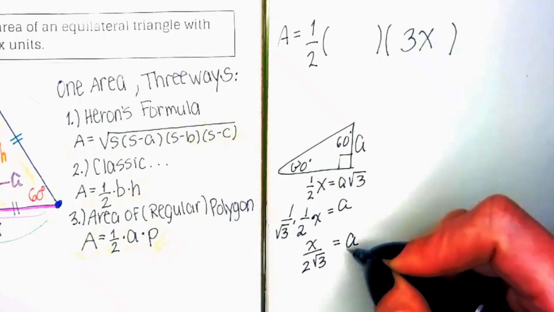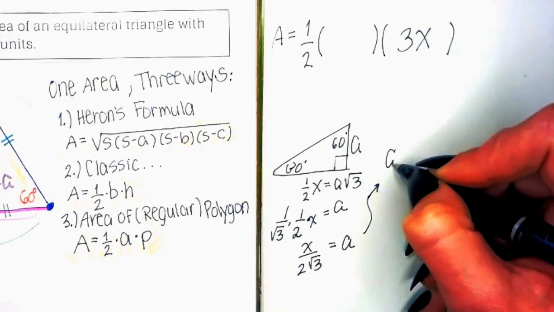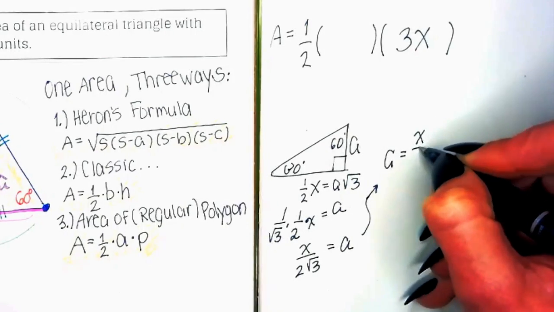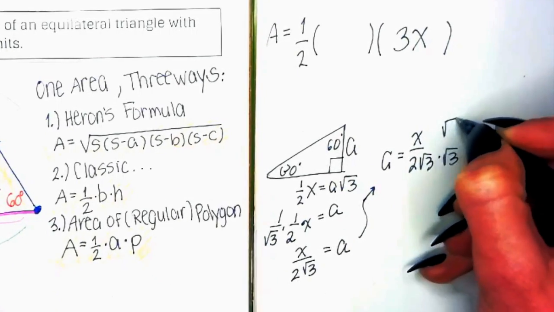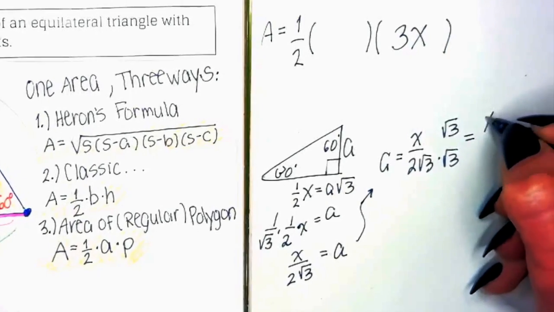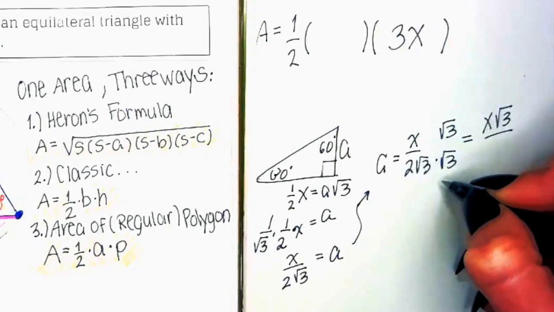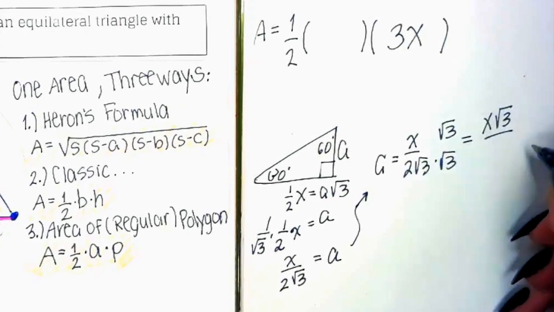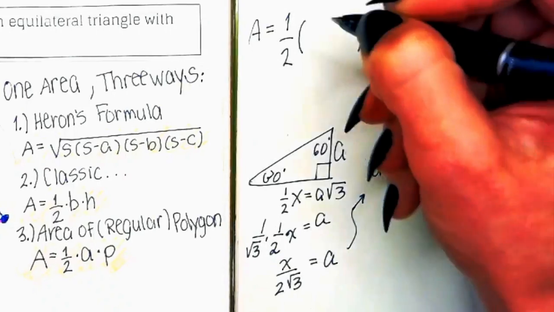But I should probably rationalize that denominator. Apothem equals x over 2 root 3 times root 3 over root 3. x root 3 over, that's 3 times 2, 6. X root 3 over 6.